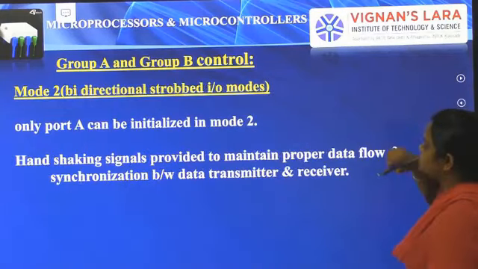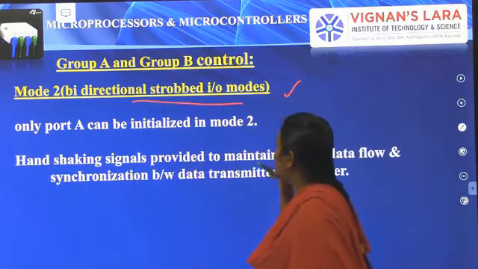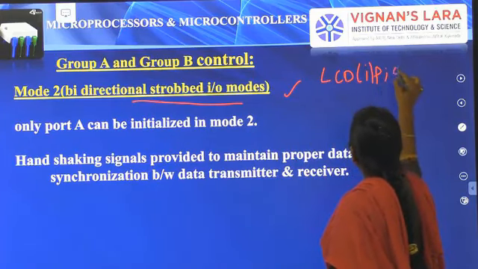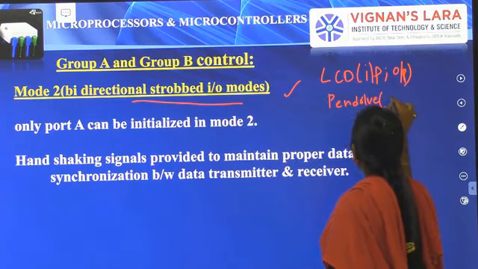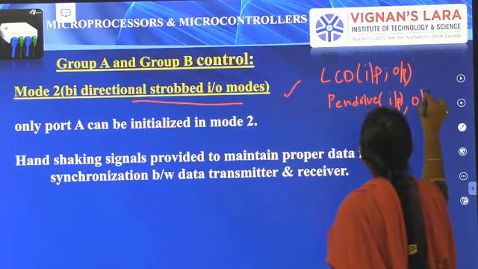Coming to the next one, mode 2 operation, the bidirectional strobed input/output mode. See here, an LCD acts as an input and also acts as an output at a time, and a pen drive, we are giving input and taking output from that device at a time.